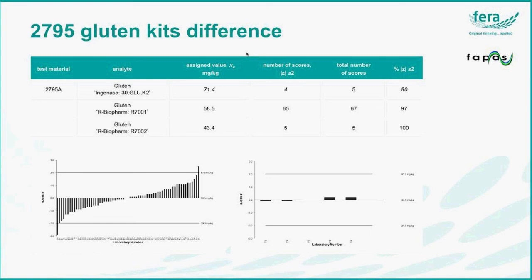And in fact, not just that, there might also be differences between a manufacturer's different ELISA kit products, as we can see here for gluten, where we have 3 assigned values, 2 of which correspond to the same manufacturer but different products. Not only can they give different assigned values, they can give very different distributions, as you can see in the charts below.